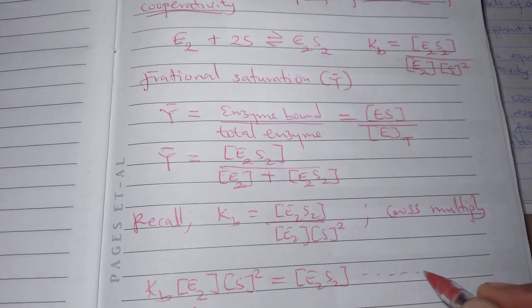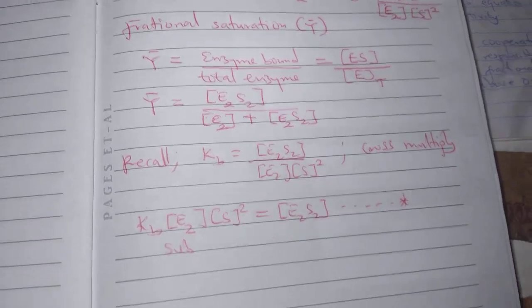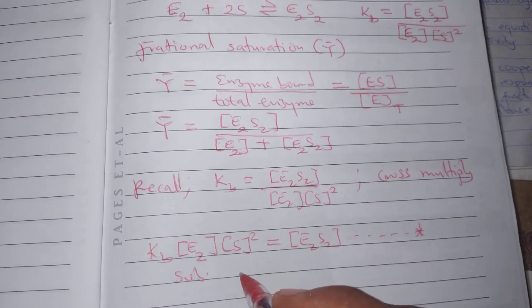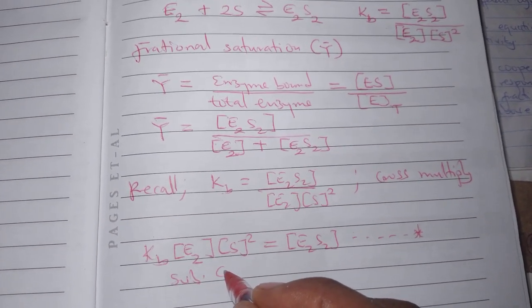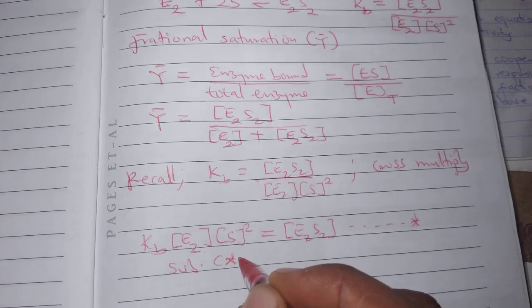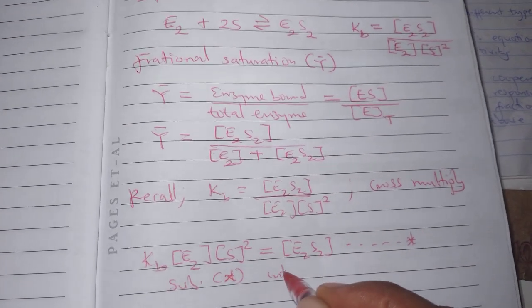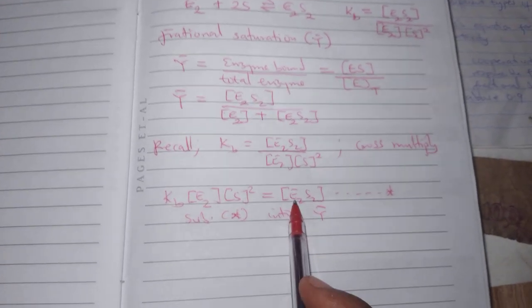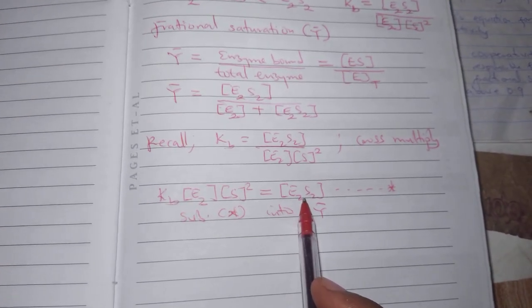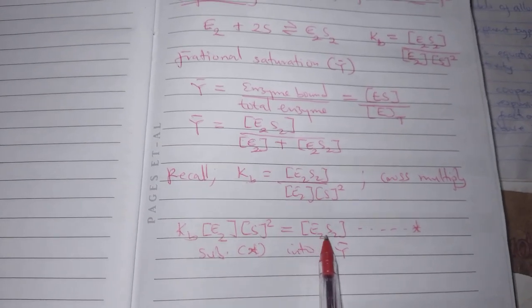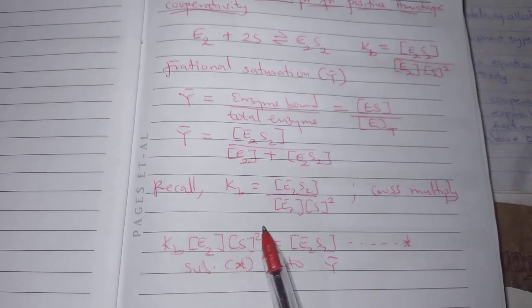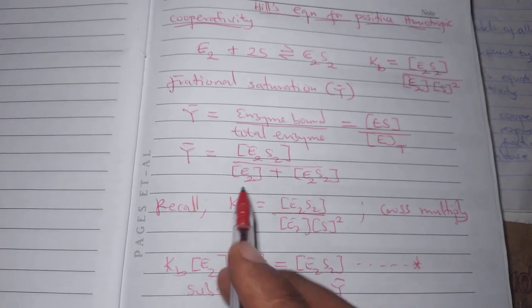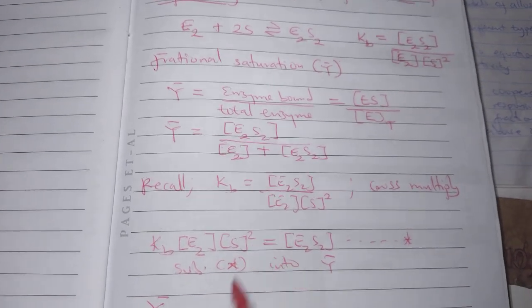Let me call this equation asterisk. You substitute equation asterisk into Y bar, so anywhere you see E2S2, you put the whole of this. So for Y bar, instead of writing E2S2, I'll put the whole of this.